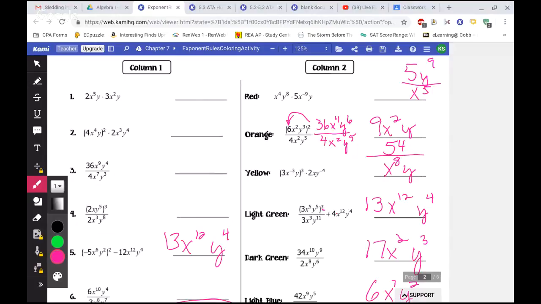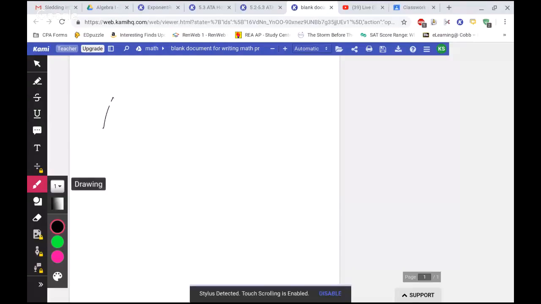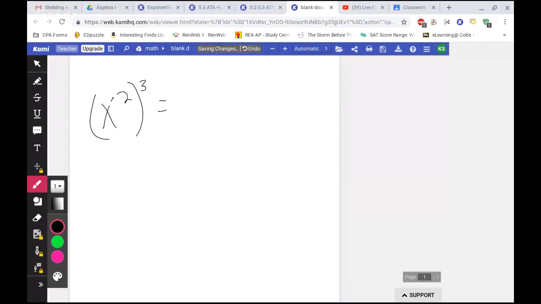Let me write some of these down. So a power to a power, you multiply the exponents. So that's going to be 2 times 3 equals x to the 6th.